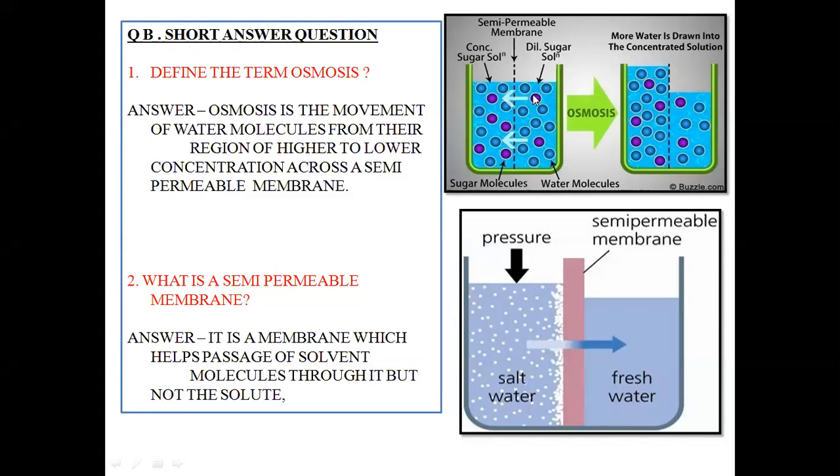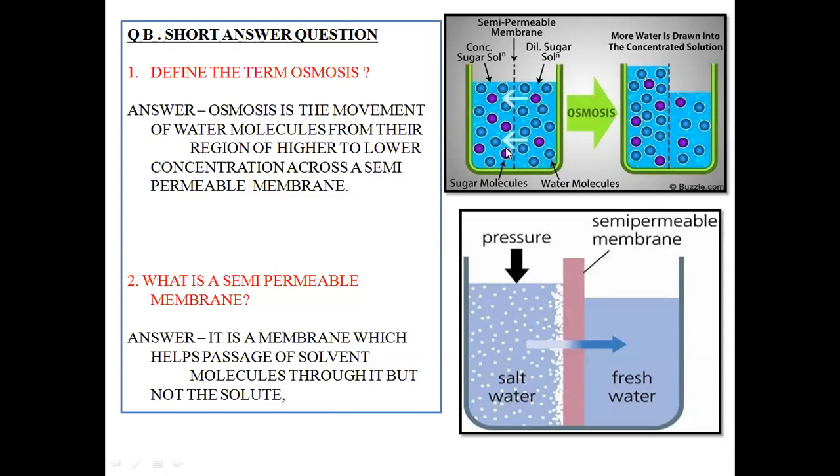Now the picture shown on the right hand side shows a concentrated sugar solution on the left hand side and a dilute sugar solution on the right hand side. That means the water molecules are more on the dilute sugar solution side than on the concentrated sugar solution side. In the middle, we have placed a semi-permeable membrane.